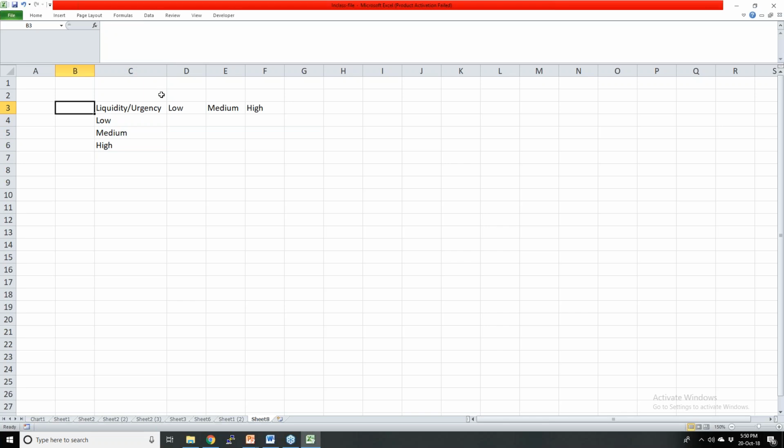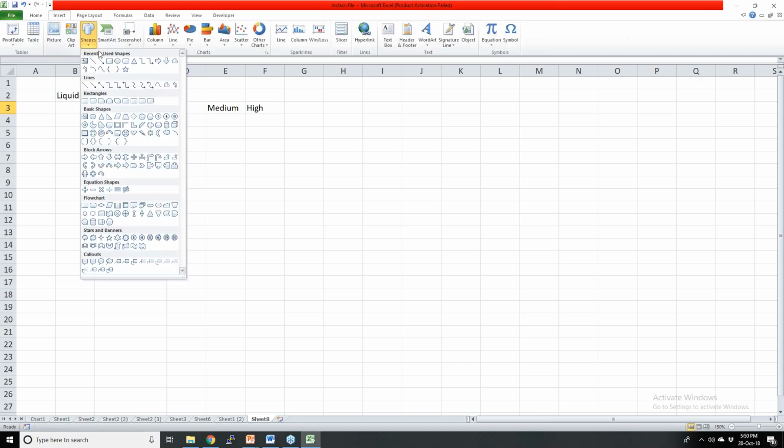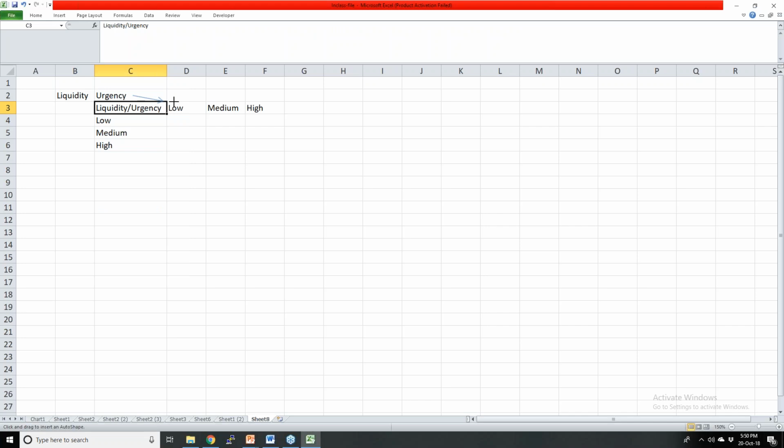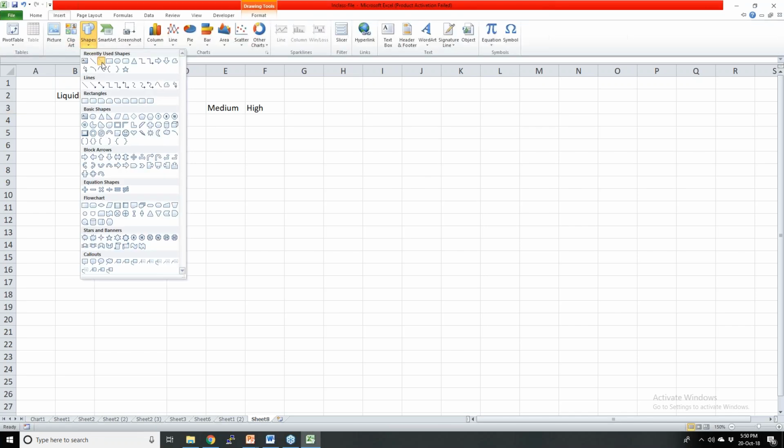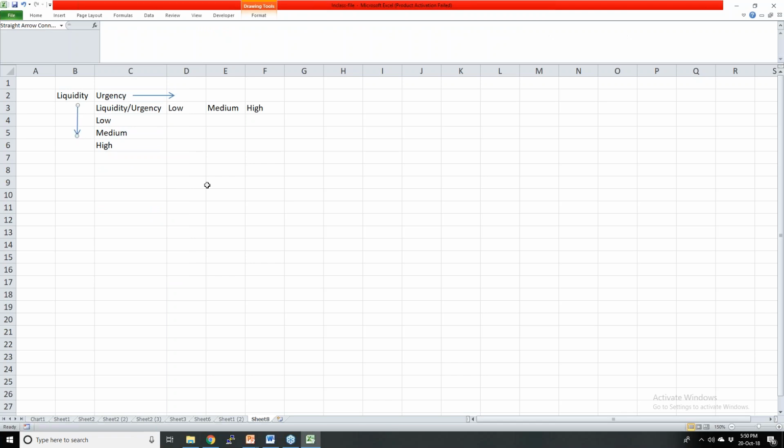So liquidity and urgency, right? Urgency is this way and liquidity is this way, and you will have different algorithms for algorithm X, algorithm Y, and algorithm Z and whatnot, right?